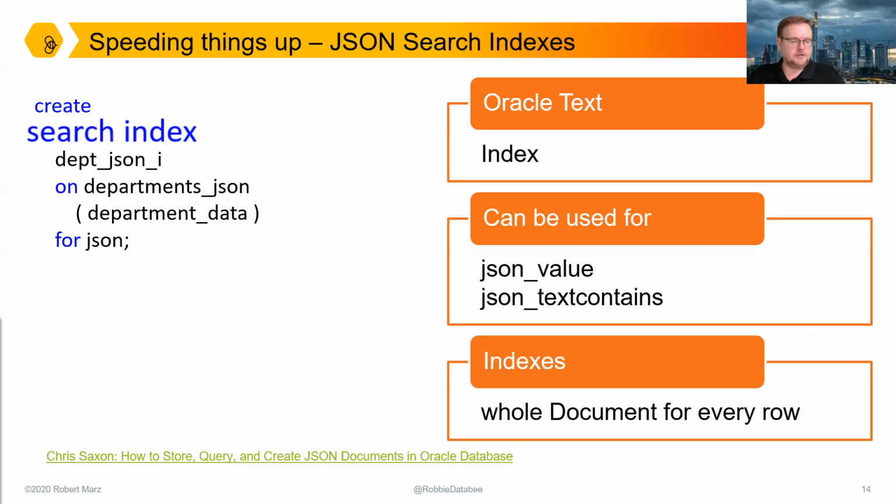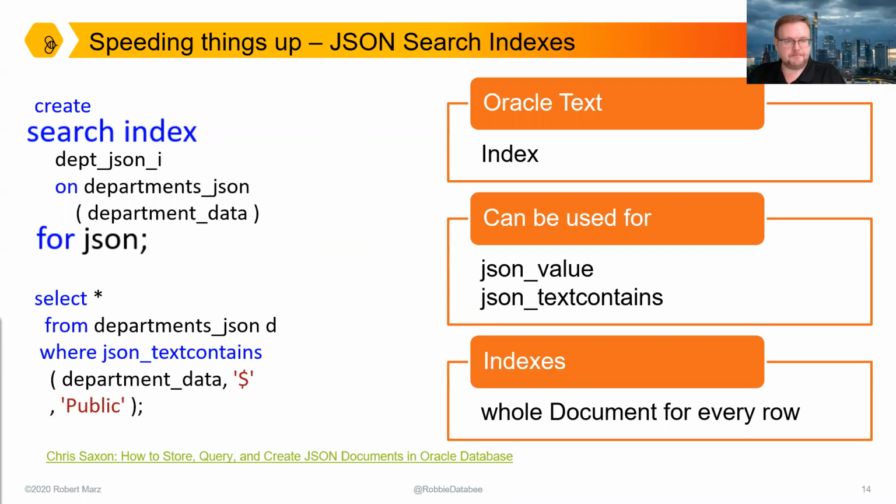This is the syntax: we say create search index for JSON. This generates an Oracle Text index, especially for those JSON searches, with no additional license fees. And then we can use this as we like: JSON_TEXTCONTAINS, and the query is very fast after that.